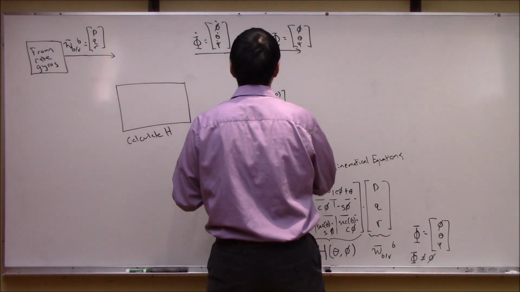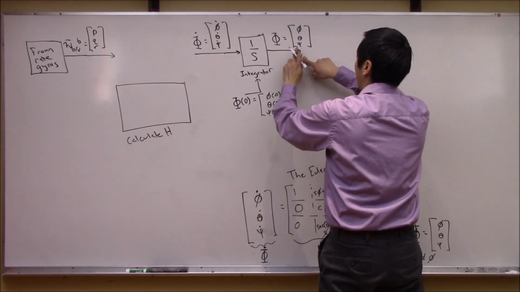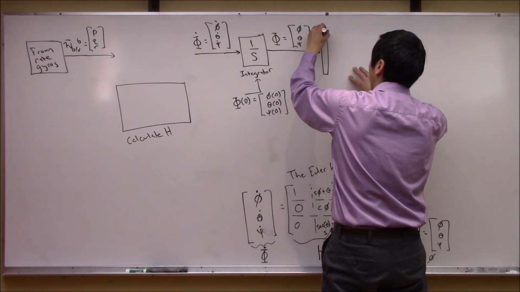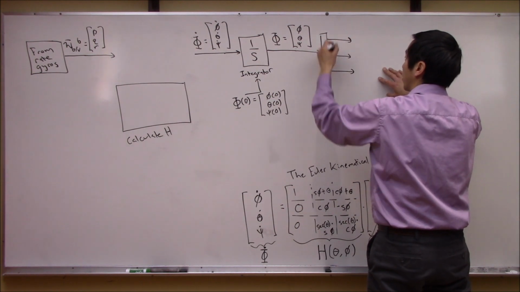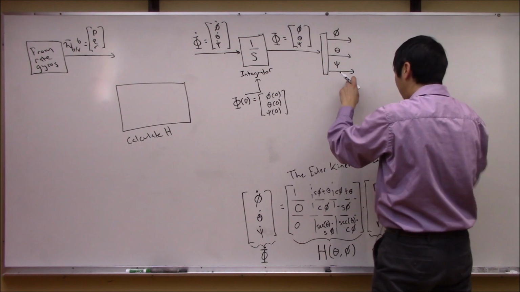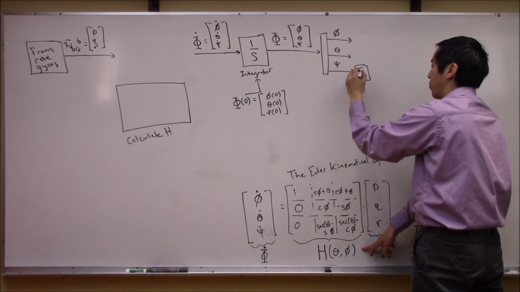right? So all we need to do is grab this signal over here. This has phi, theta, psi. You know what, if you really want to, we could almost break out this 3x1 vector into 3 scalars. So this is going to be phi, theta, and psi. We actually don't need psi. You can see it's not here in this calculation, so you can just terminate this.